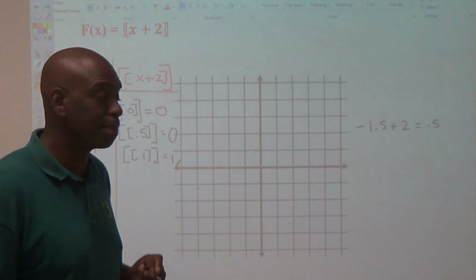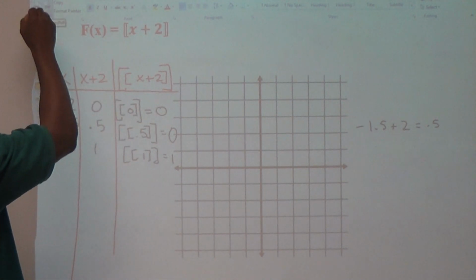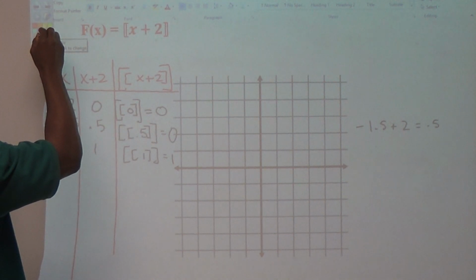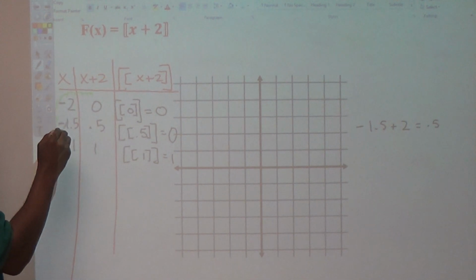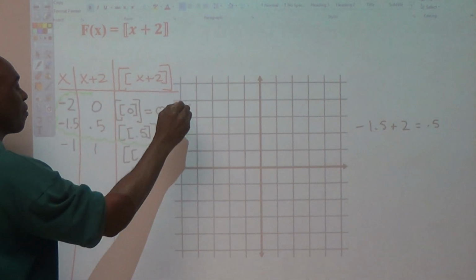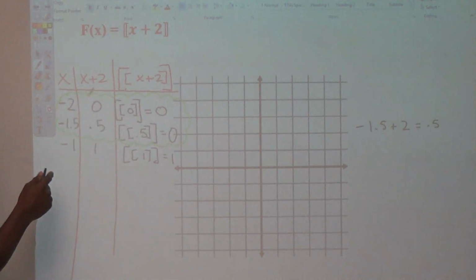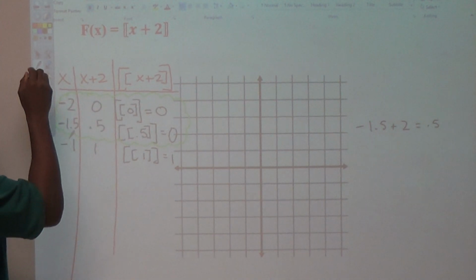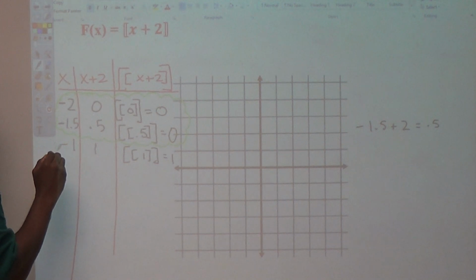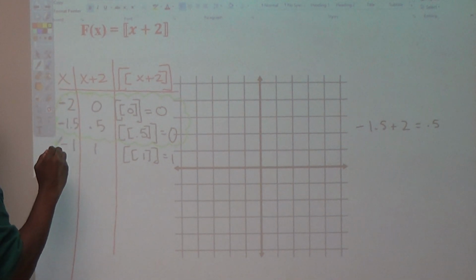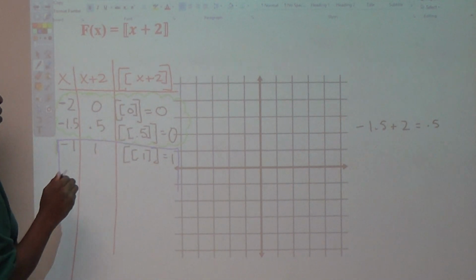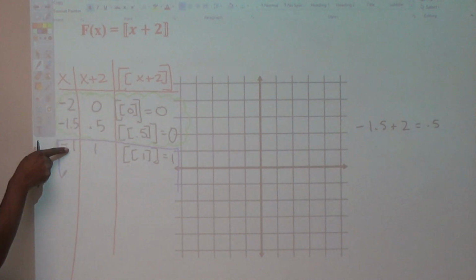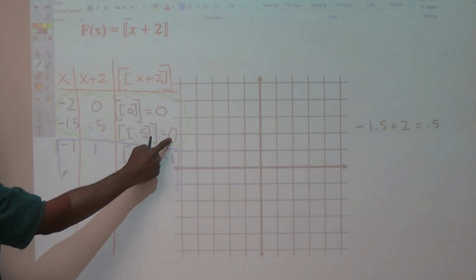Here's what I want you to understand. All of my values here, not including -1, but all of the values here, going all the way toward -1, are going to give me a y value of 0.